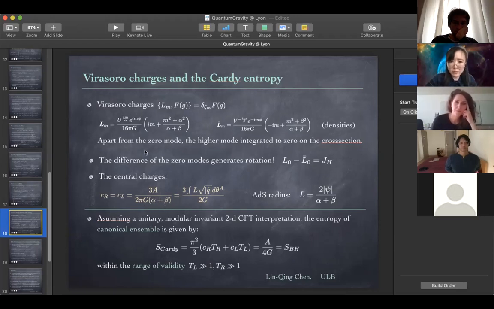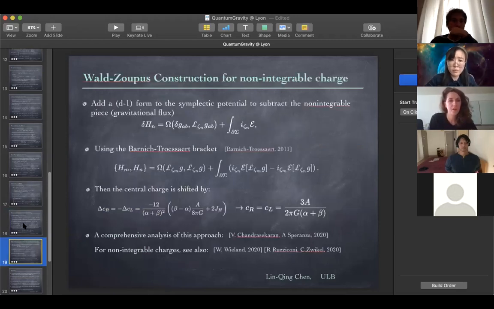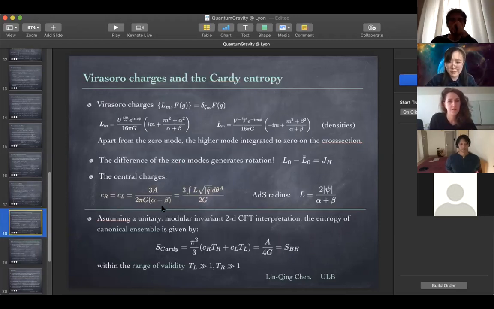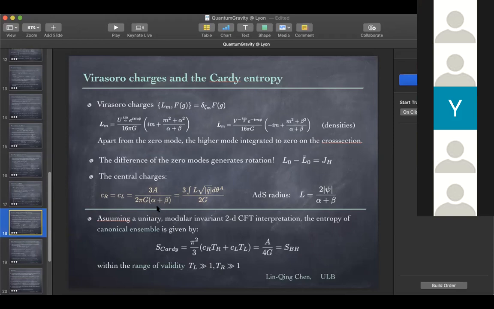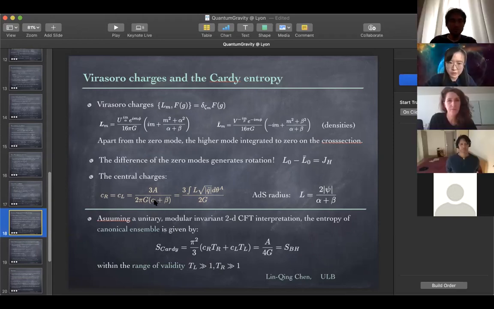For the integrable case it's a linear constraint, and with the Wald-Zoupas construction, alpha beta are completely free. So for entropy counting purposes, there isn't a constraint. The interesting question, from the holographic consideration, is whether it could be valid to match the CFT two-point function with arbitrary temperature.